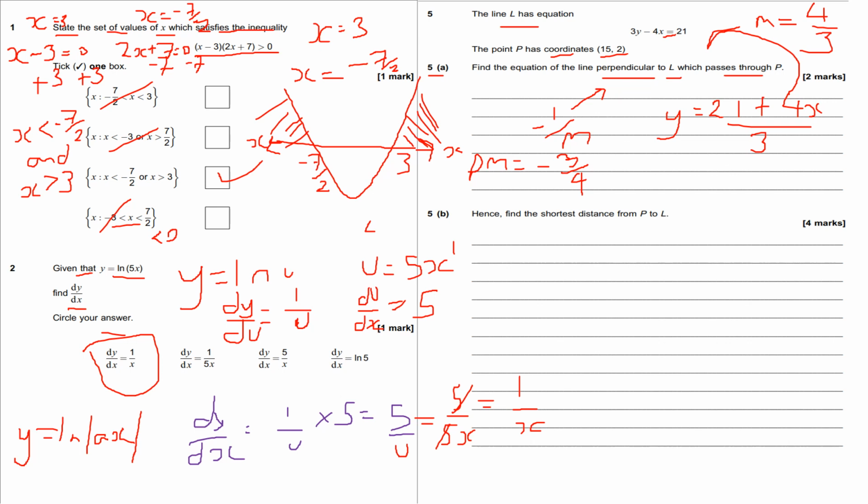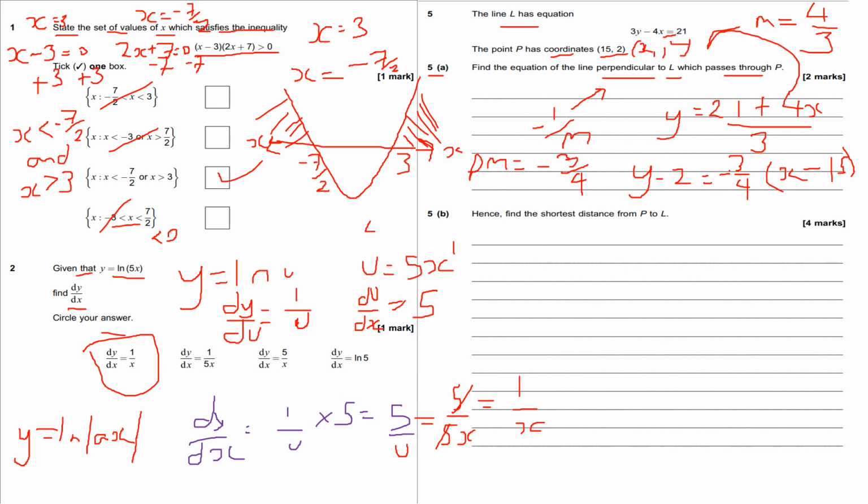And then obviously sub in the coordinates here, so you have y minus y1, so y minus 2 is equal to minus 3/4, bracket x minus x1, x minus 15. Remember, they would obviously be x1 and y1.